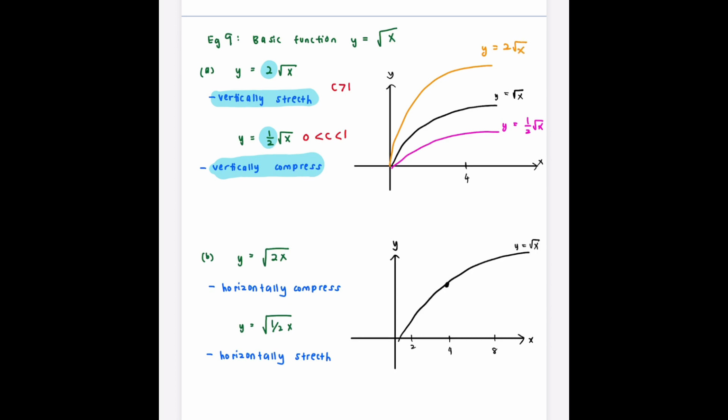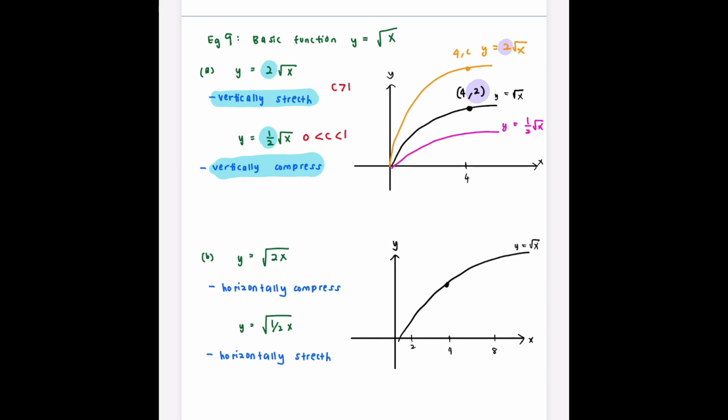Okay, what happened to the point? For example, we take this one as our original point. When x is 4, your y is square root of 4, which is 2. Okay, let's say that is your original point. What happens to this point for the graph vertically stretched? Okay, how is the method? The method is you multiply your y coordinate with the constant C. Your C is 2. 2 times 2 is 4.